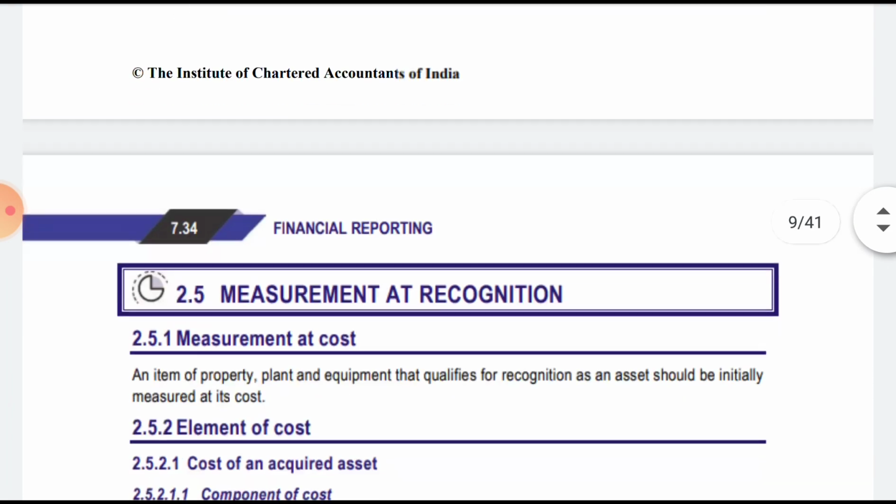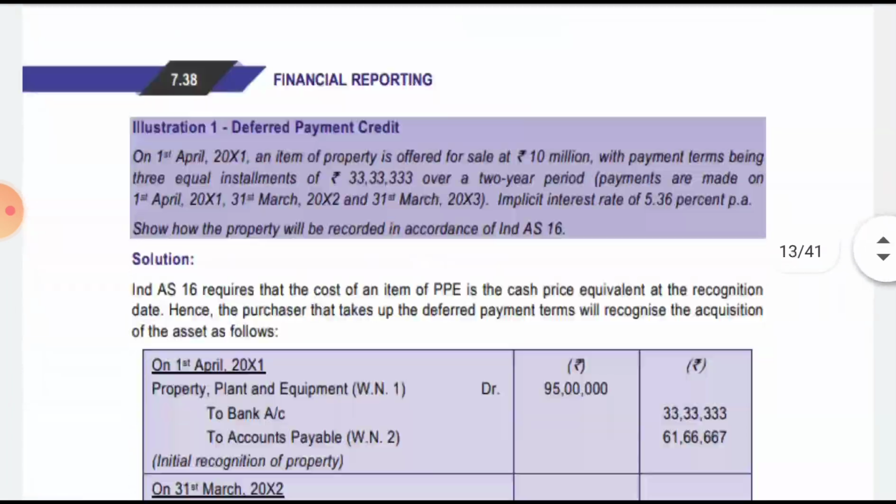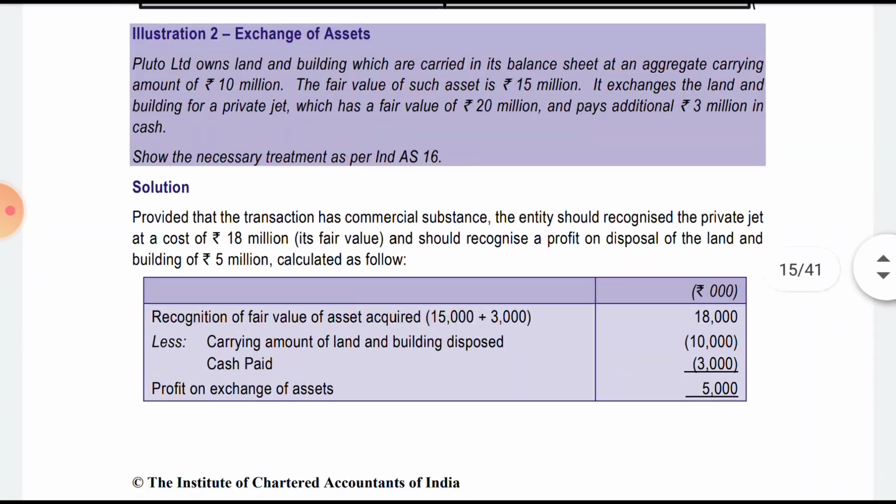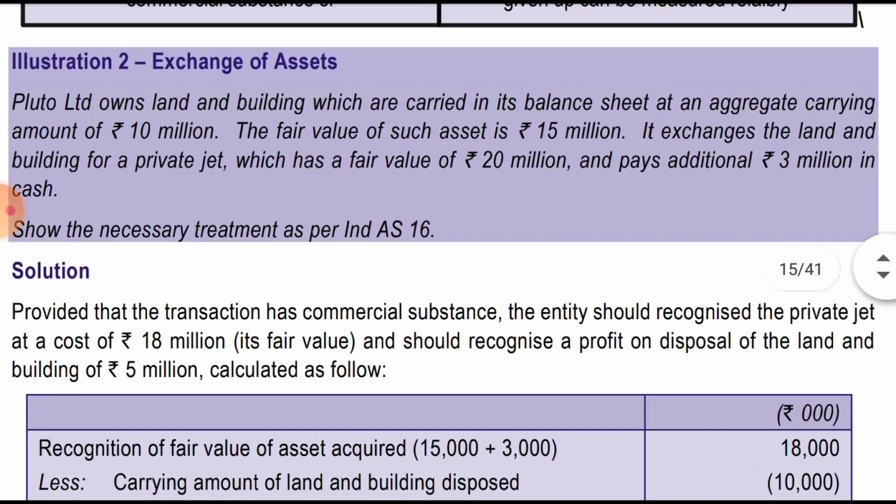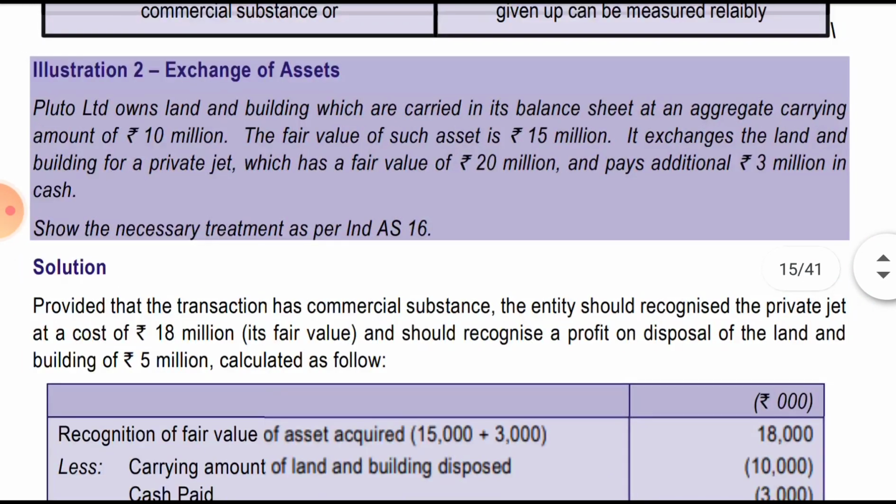We will first cover illustration number two. Pluto Limited owns land and building which are carried in its balance sheet at an aggregate carrying amount of 10 million. The fair value of that asset is 15 million.